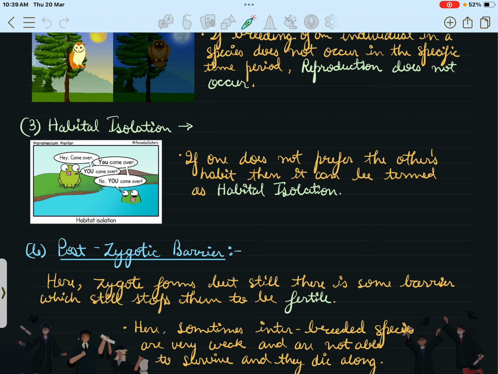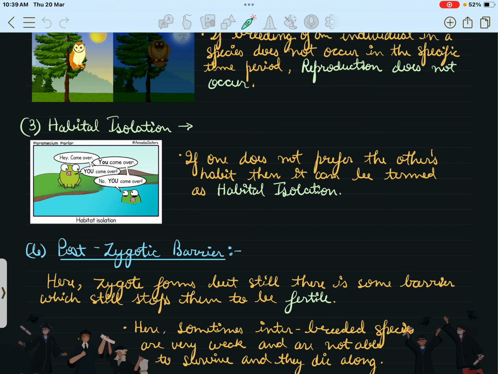So frog is an amphibian, and as an amphibian it can either live in land or water. Just suppose one frog tries to live in water and the other frog tries to live in land.